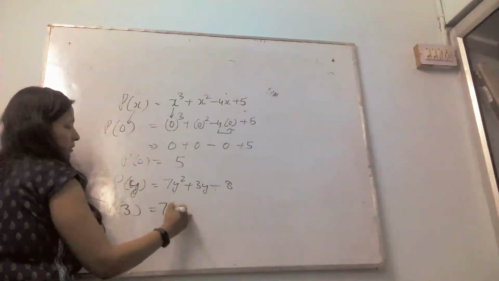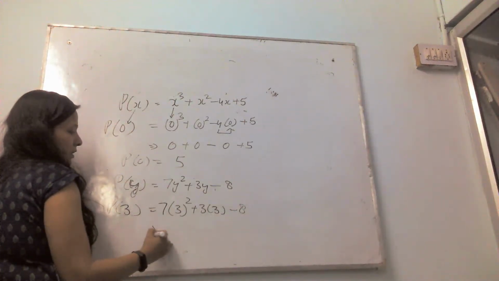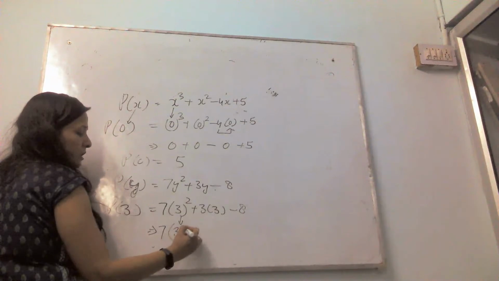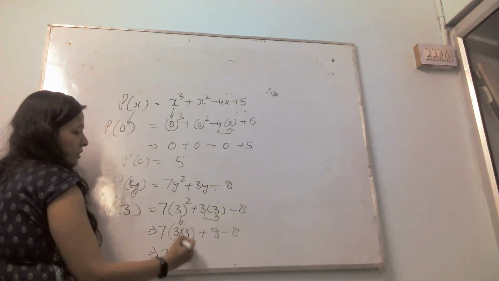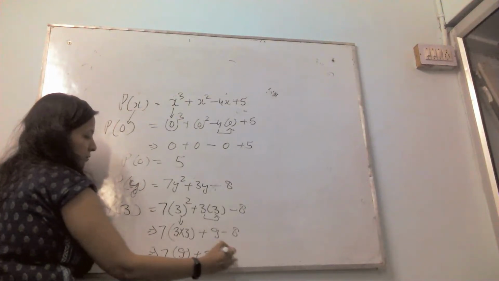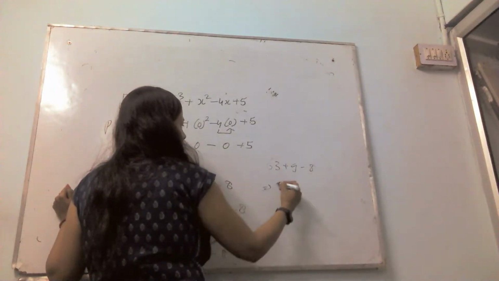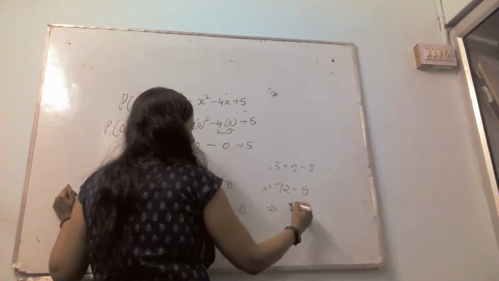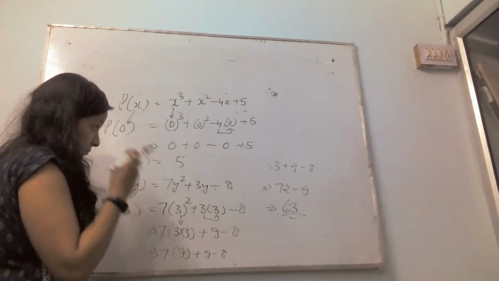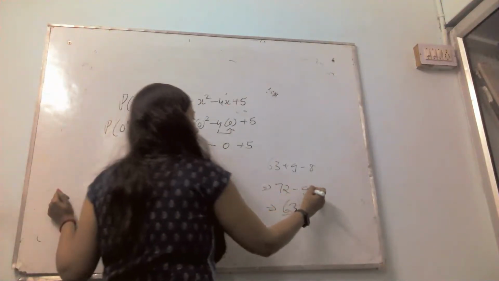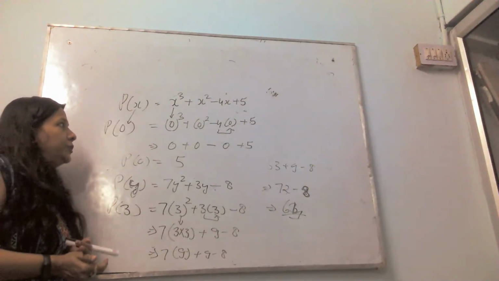That is 7 times 3 square plus 3 times 3 minus 8. 3 square means 3 into 3, which is 9. So 7 times 9 is 63, plus 9 minus 8. 72 minus 8 is 64. This is how we find the value of a polynomial.